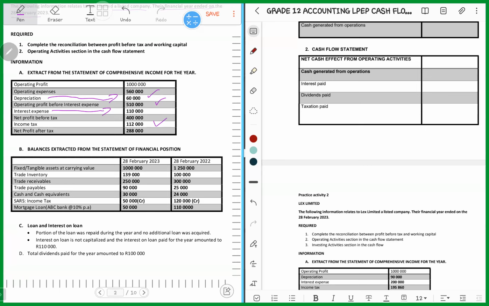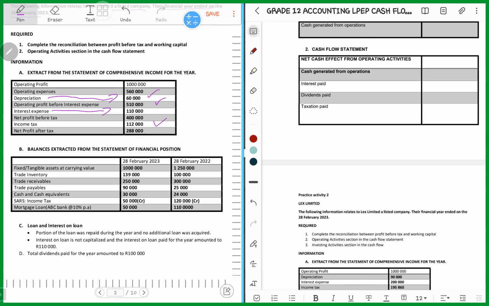Now, since we are dealing with cash flow, any increase in inventory is an outflow. Then trade receivables, if you notice something, from the previous year, it was 300,000. It's currently standing at 250,000, meaning that our trade receivables have decreased. Now, any decrease in trade receivables is an inflow.